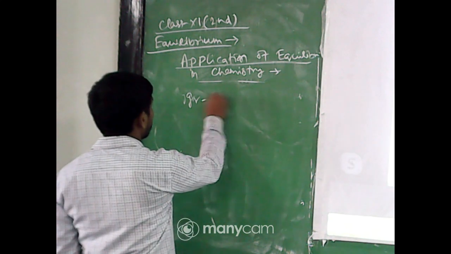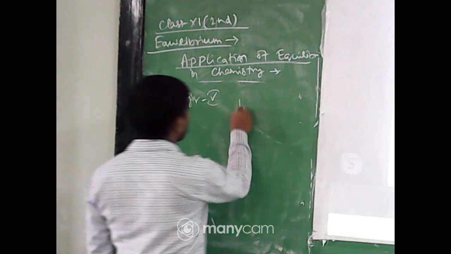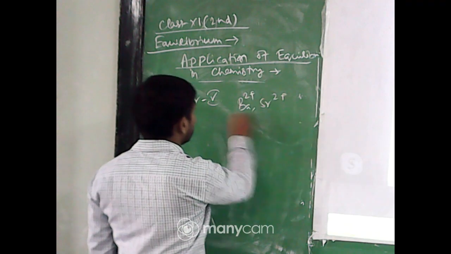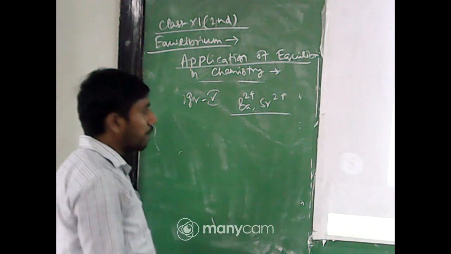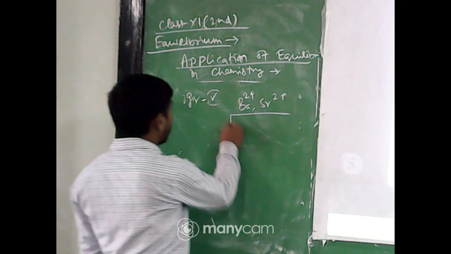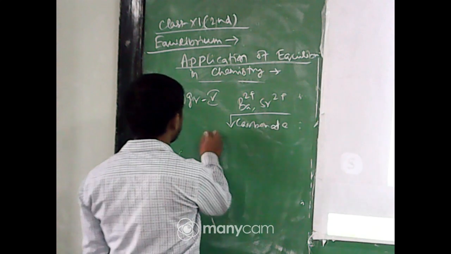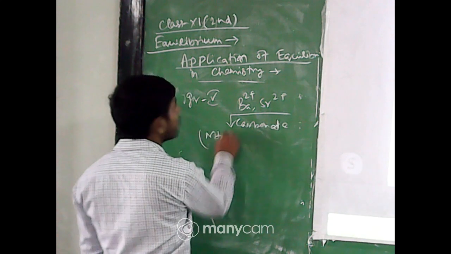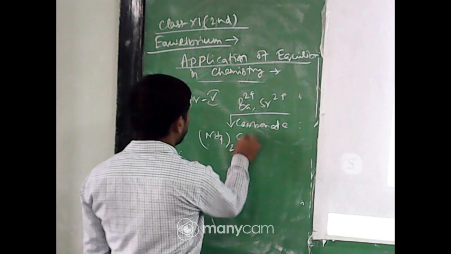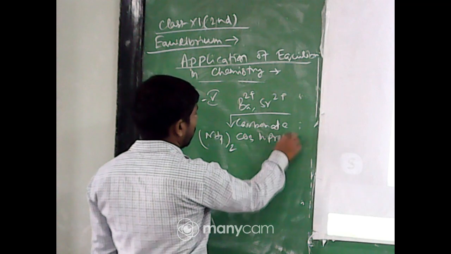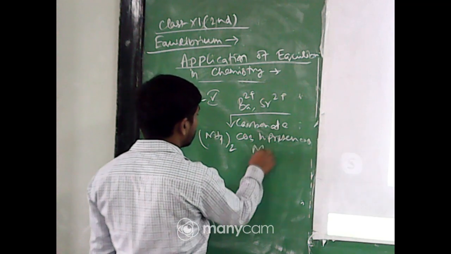In group 5, the cations present are barium and strontium. We have to precipitate them in the form of carbonate. For this reason we should use ammonium carbonate in presence of NH4Cl.